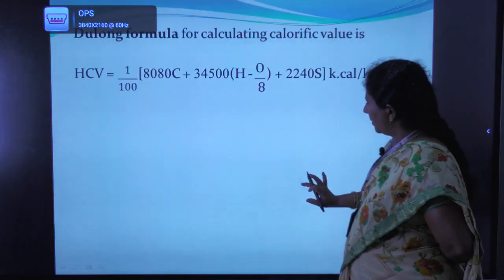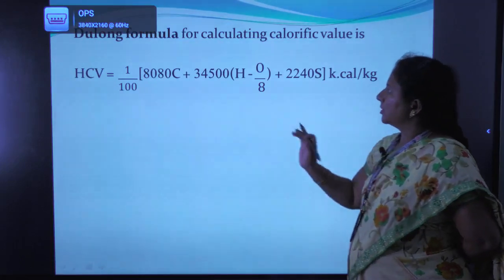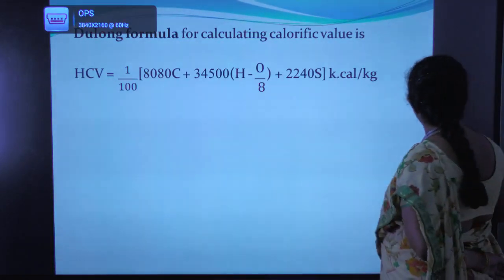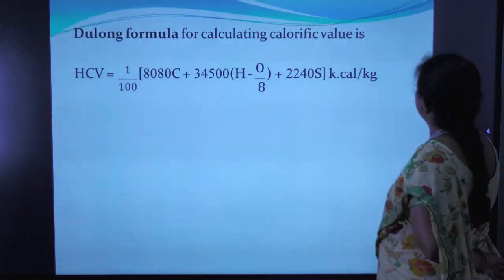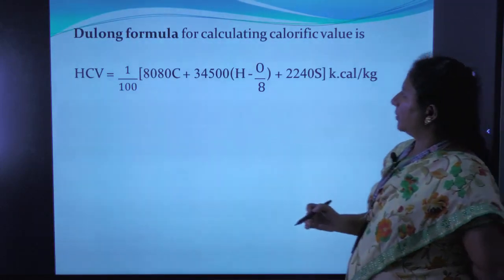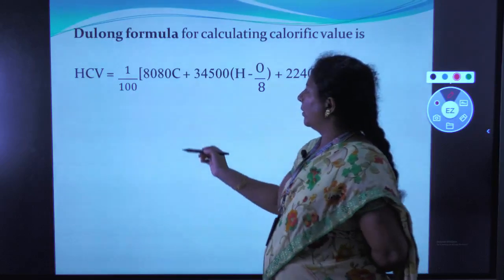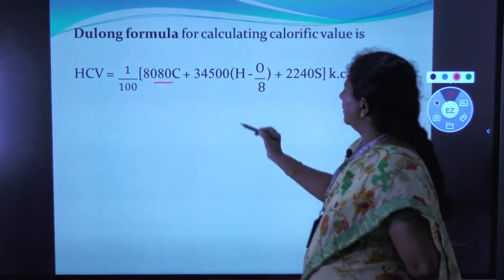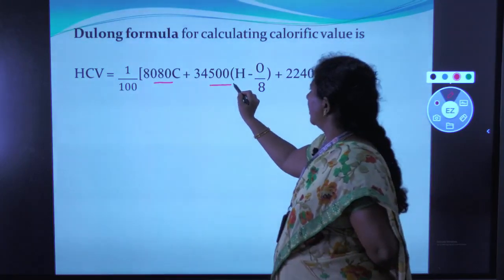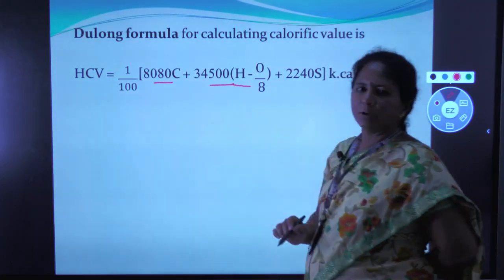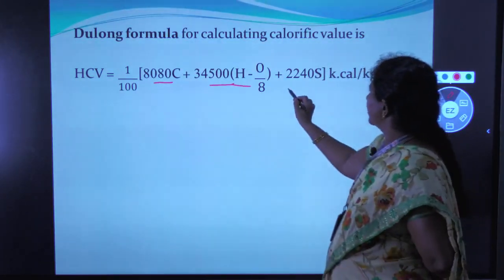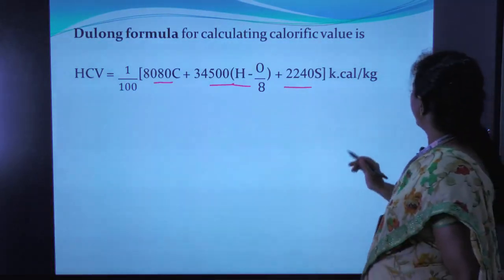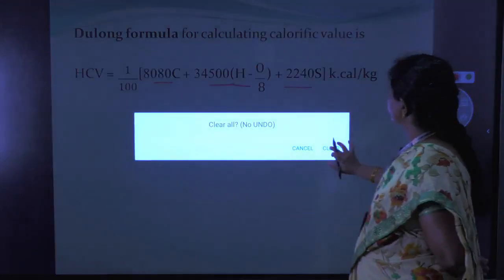Now coming to problems on calorific value. So this is the Dulong formula which is used for calculating the calorific value. High calorific value will be equal to 1 by 100 into 8080 carbon plus 34500 into hydrogen minus oxygen by 8 plus 2240 into sulfur kilocalorie per kilogram.